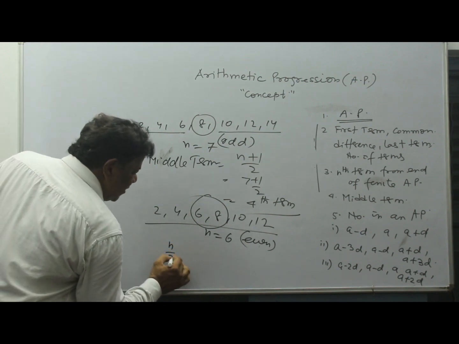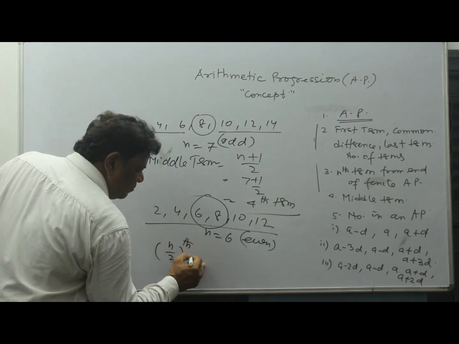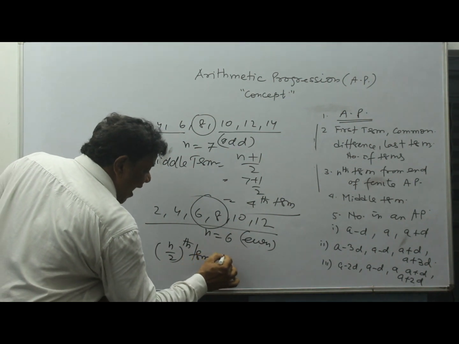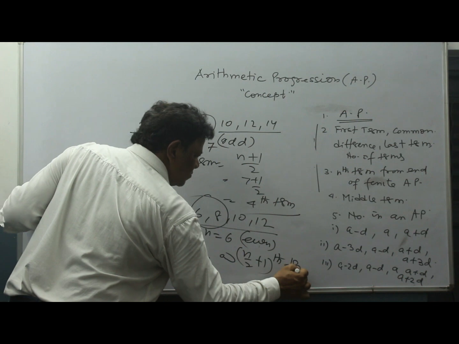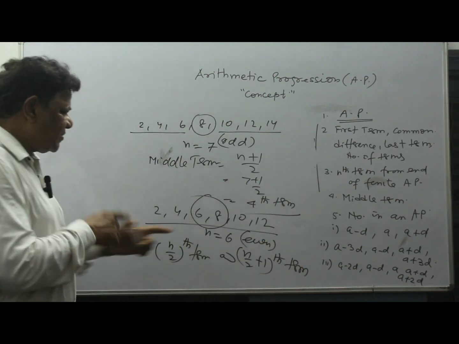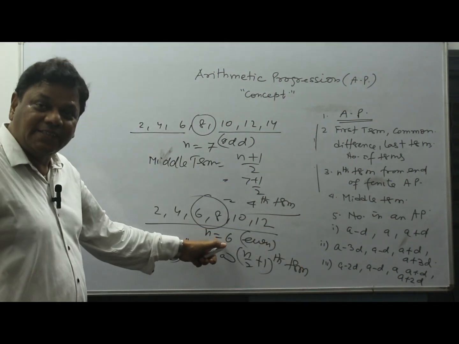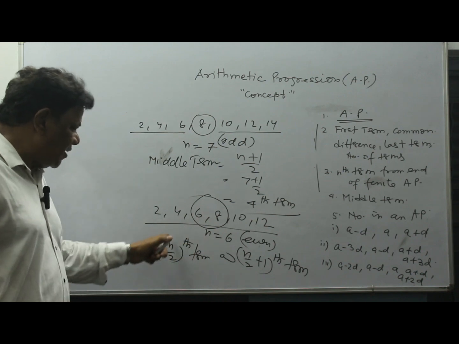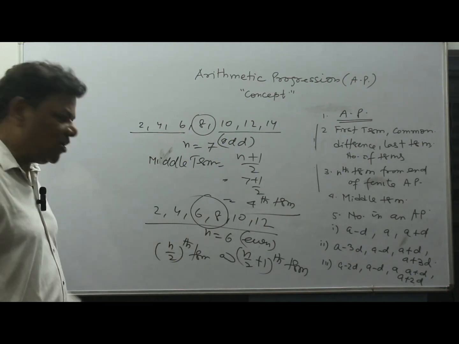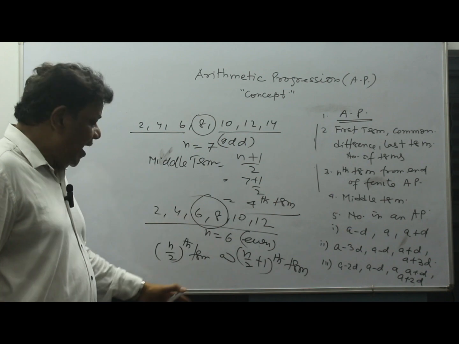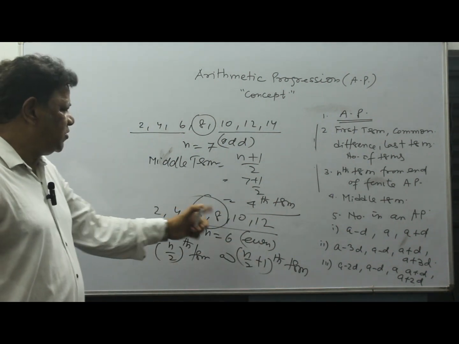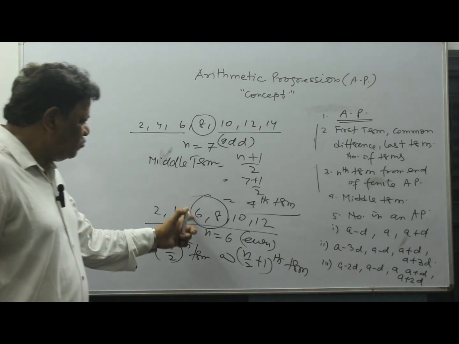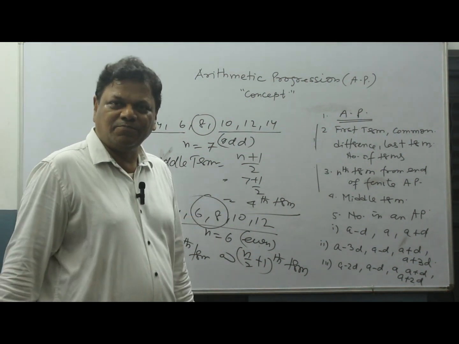First one is n by 2 term and n by 2 plus 1 term. That means here number of terms is 6, that is even. So 6 by 2, what is coming? Third, first, second, third, this one. And 6 by 2 plus 1, fourth. So this is your term. So there are two terms, 6 and 8, as the middle terms.